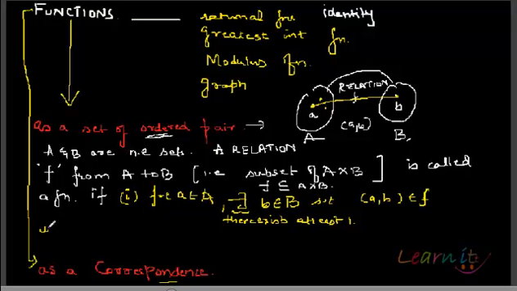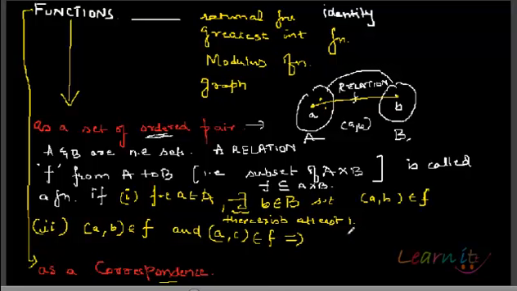The second property is that under the relation F, if a is related to b, that is (a, b) belongs to F, and a is also related to c under the relation F, then that should imply that b is equal to c. At one point of time, a can't be related to both.